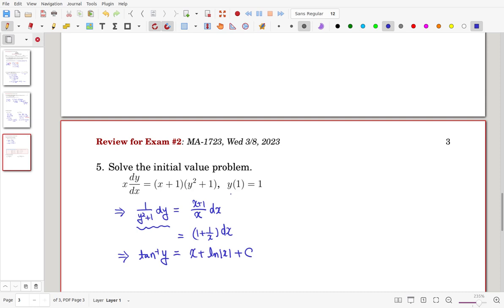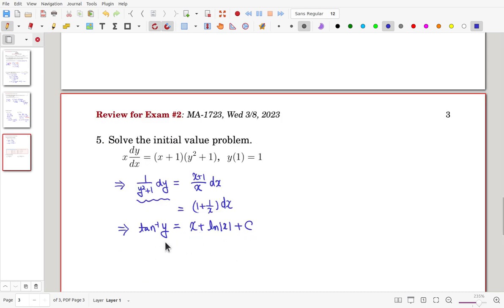Here it is defined on the right side, and x is 1, y equals 1 is the initial value. So we should decide c by using the data. That means once x equals 1, then y equals 1. So use that.